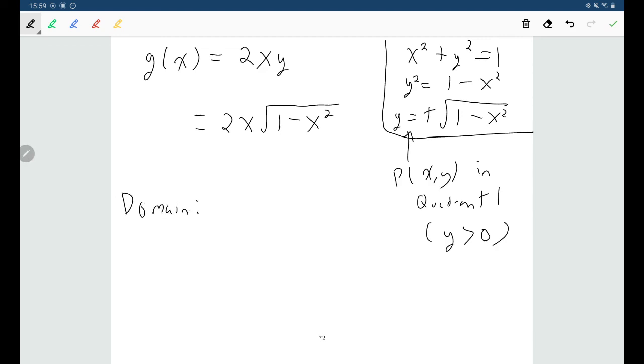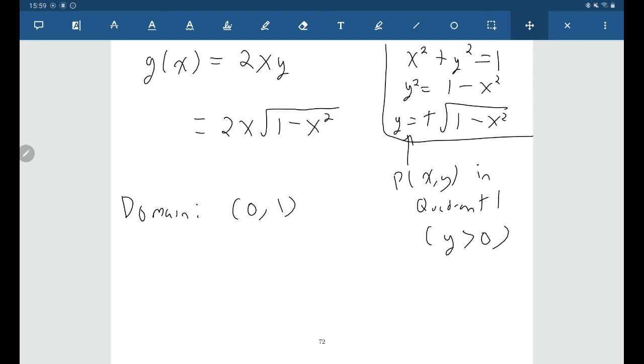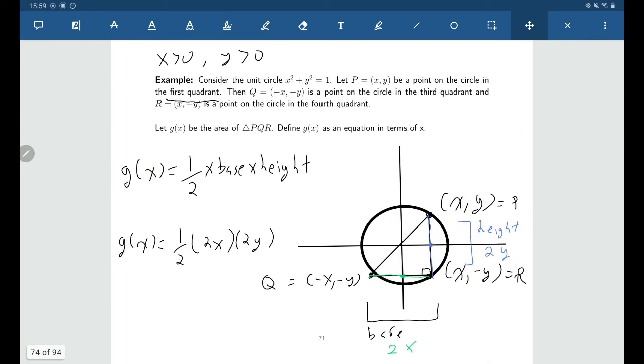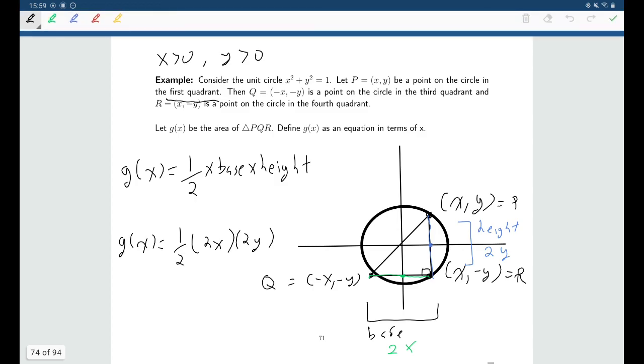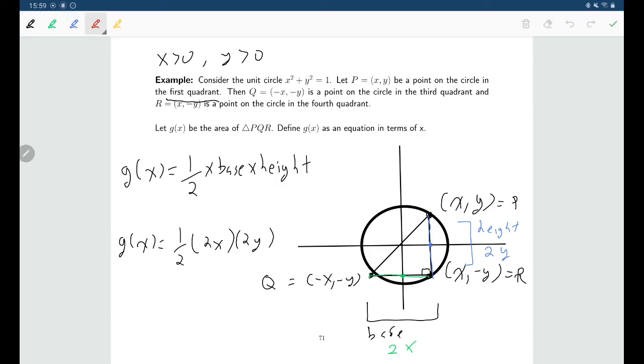If I were thinking about a domain for this, the domain would be the values between 0 and 1. Again, not including the 0, not including the 1. Since we're taking a point in quadrant 1, we know that the x values have to be somewhere between 0 and 1. If we took an x value of 0, then we wouldn't really get much of a triangle.